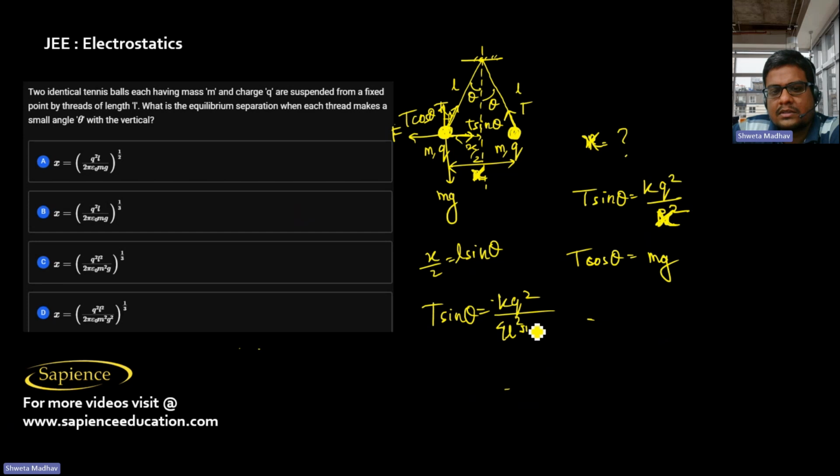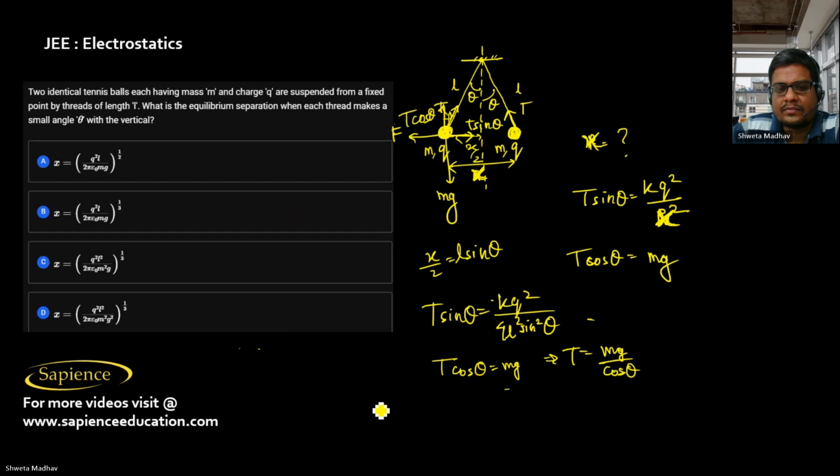So 4L square sine square theta. T cos theta, that is equal to mg. Means T I can write mg by cos theta. Therefore mg into tan theta, that is equal to kq square by 4L square sine square theta.